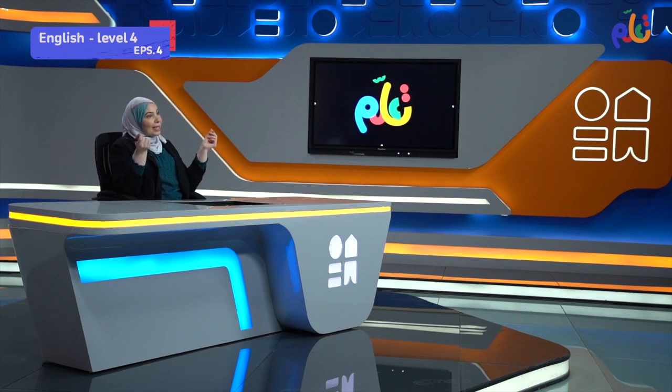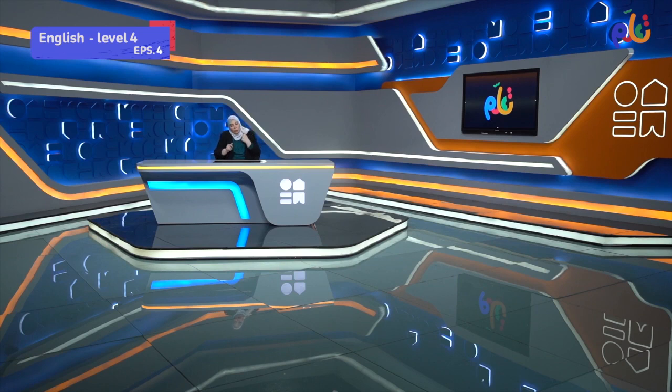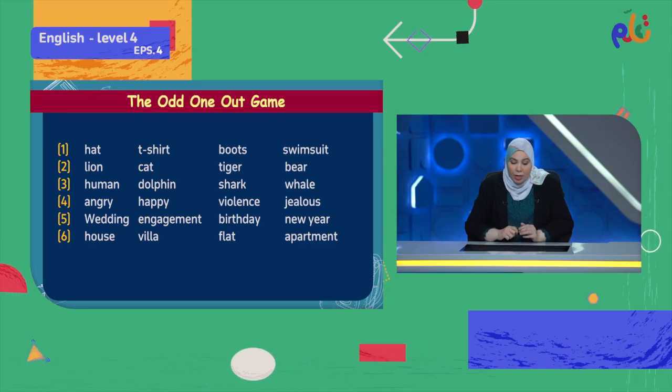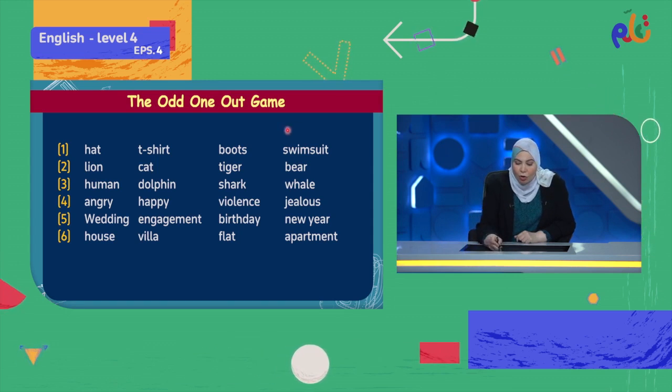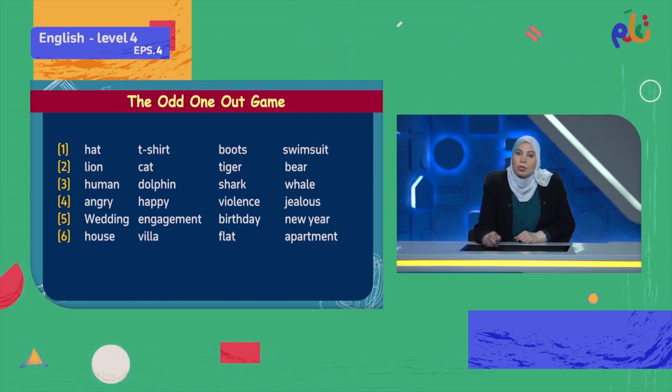So take a second, think. All of them are clothes. So which one do you think we're going to odd out? Why is it different? If it's going to be one only that we're going to odd out, I think I would go for a swimsuit.